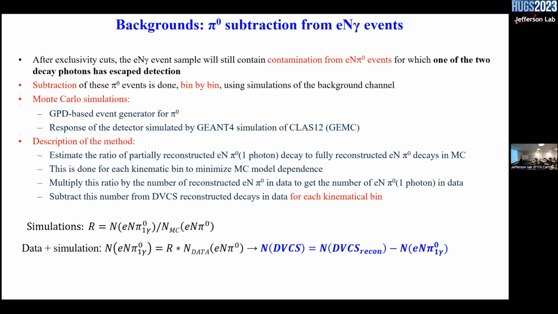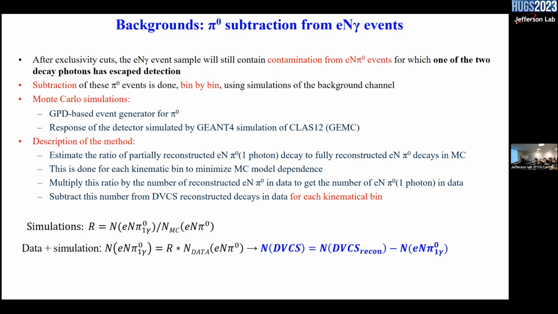And you normalize it by how many pi zeros are actually detected as real pi zeros. Then you get the number that you want: how many of your events that you detected as DVCS in the data were actually pi zero, by multiplying this ratio by how many pi zeros you actually detected in the data.